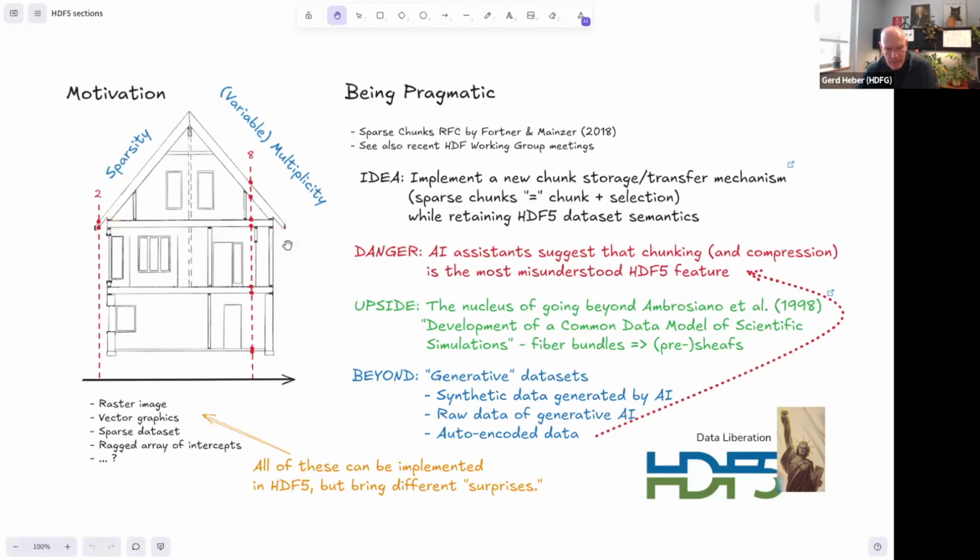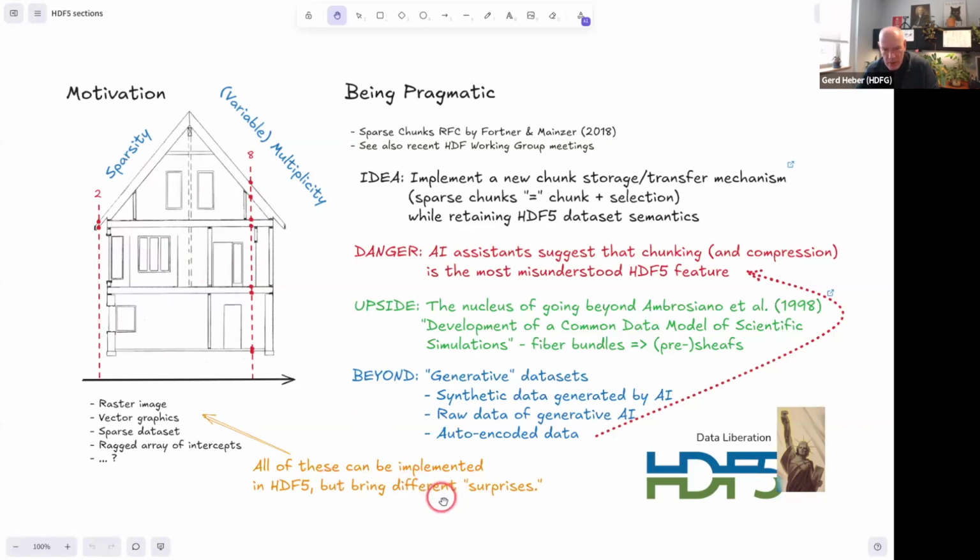And okay, what I would say is that all of these things can be implemented in HDF, and it really depends on, in a real application, what you want to achieve with that underlying data set. And there would be advantages and disadvantages.